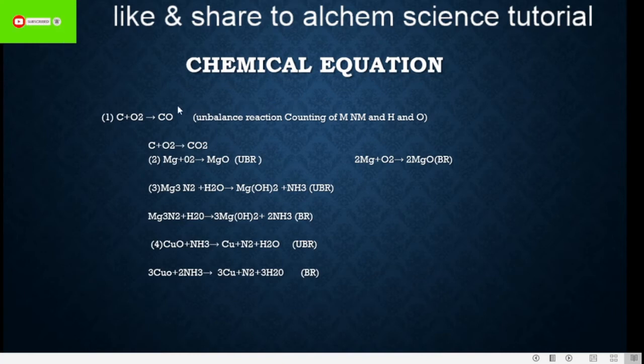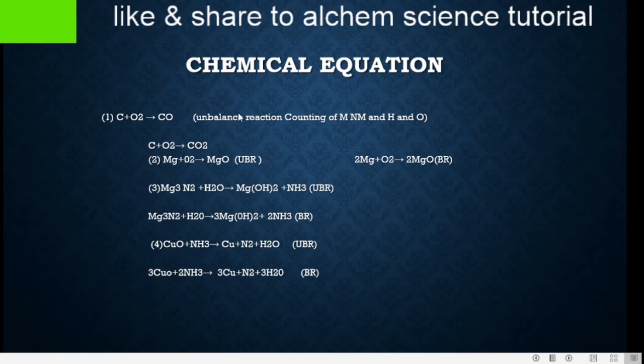You can see here one carbon and here two oxygen, but one oxygen is left here. So you need to balance this reaction by increasing one oxygen atom. So carbon plus O2 gives CO2, and this reaction is balanced now.